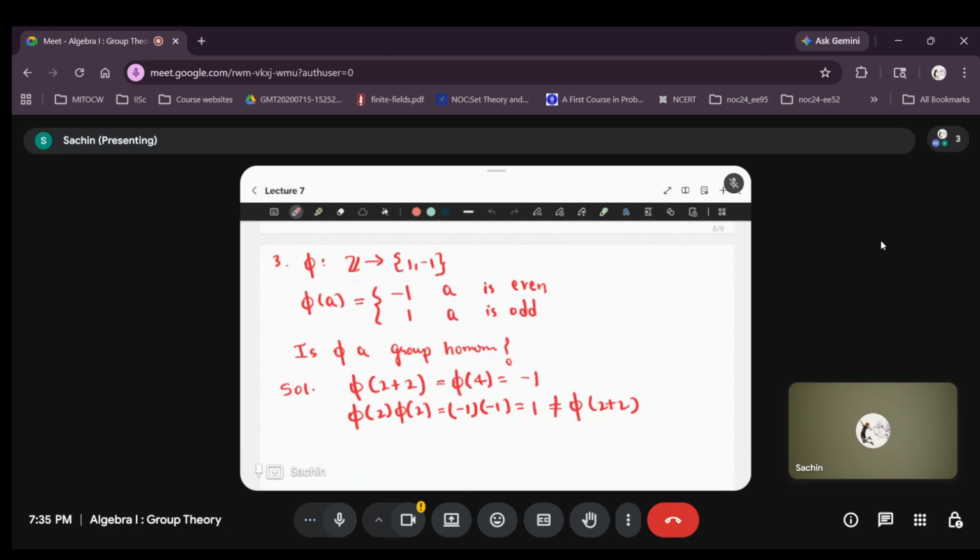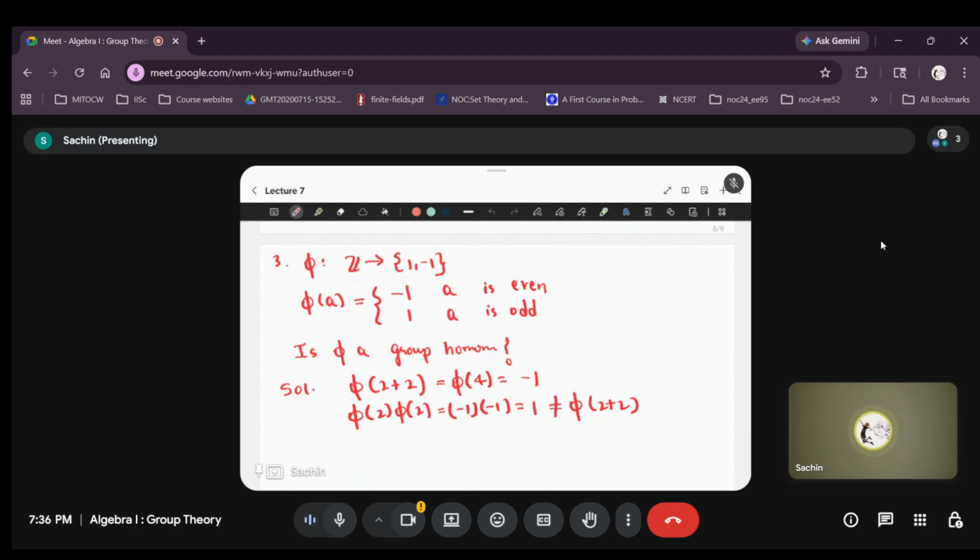So, yes, if it is a homomorphism, it must fulfill the condition. So the contrapositive is also true. That is, if the condition is not satisfied, it is not a homomorphism.